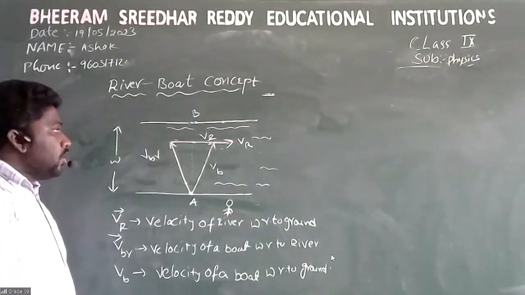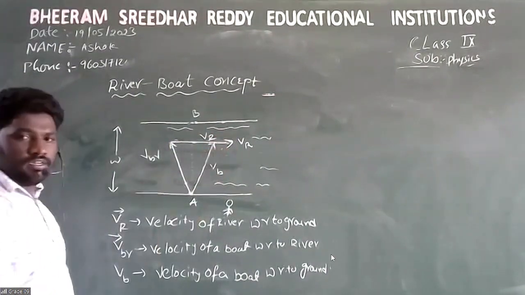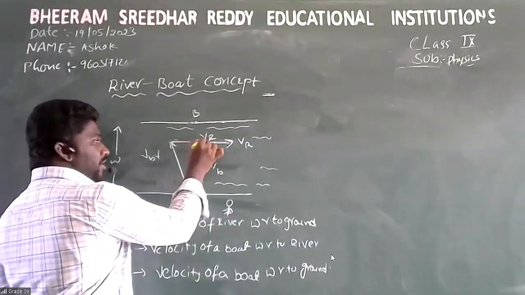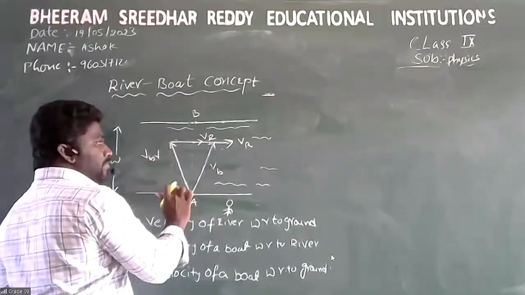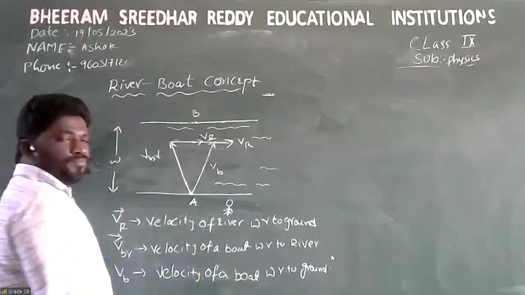Now look here. If you observe here, one triangle is formed. Yes or no? One of the sides is VBR, another side is VR, and the closing side is VB.